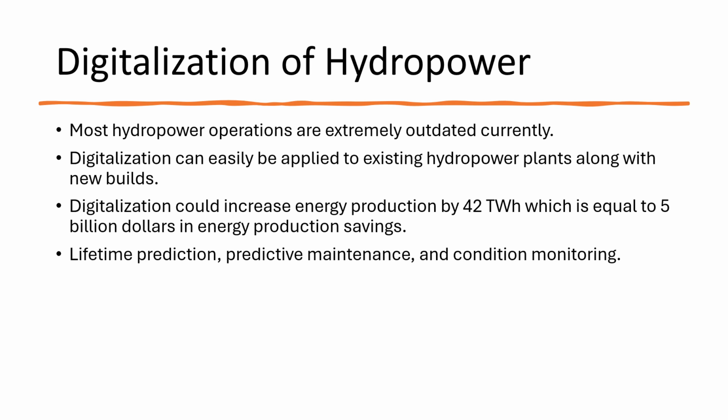That's something they said in the article here. That's obviously a lot of energy production savings. But again, if you think about how many hydropower systems there are around the world, this digitalization of the hydropower systems would be quite expensive.